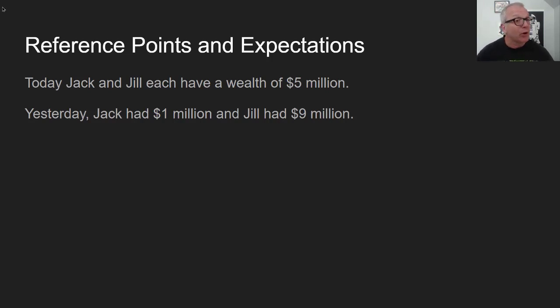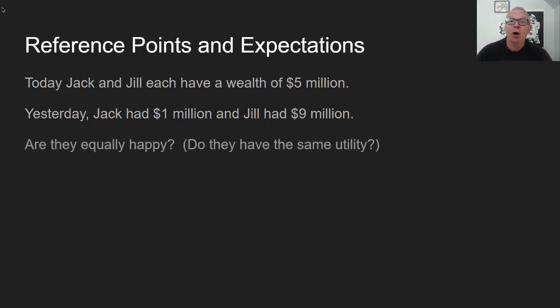So now she wants to get back where she was, or she wants the status quo, or whatever. Her expectations and her mental state and the way she thinks about her situation is really different than Jack's, depending on where they were, what they were expecting, what was coming to them, what they lost. Are they equally happy? No, they're not equally happy. Do they have the same utility? Well, yeah, according to expected value theory, they've both got the same exact value.